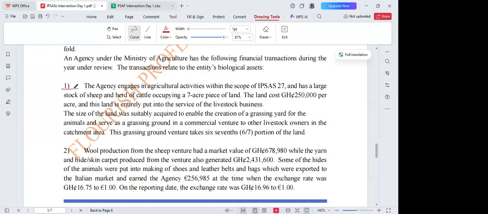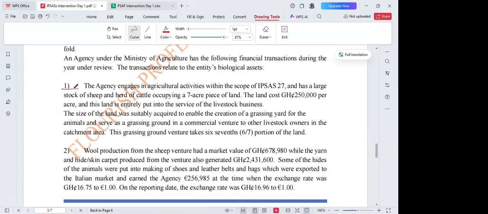1. The agency engages in agricultural activities within the scope of IPSAS 27 and has a large stock of sheep and a herd of cattle occupying a 7-acre piece of land. The land costs 250,000 per acre, and this land is entirely put into the service of the livestock business.